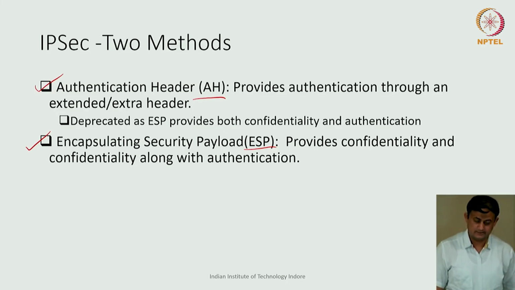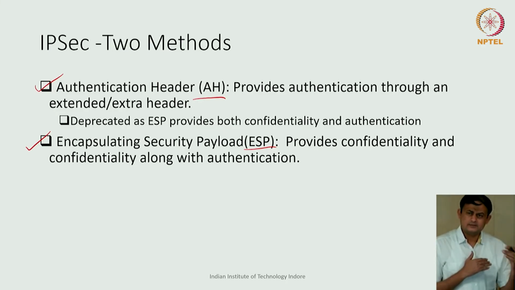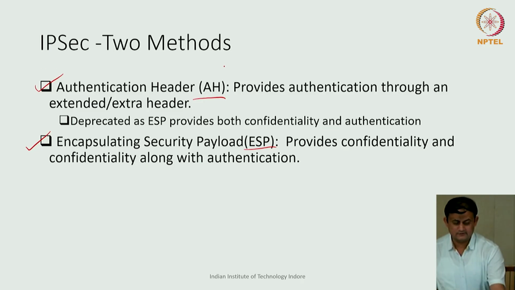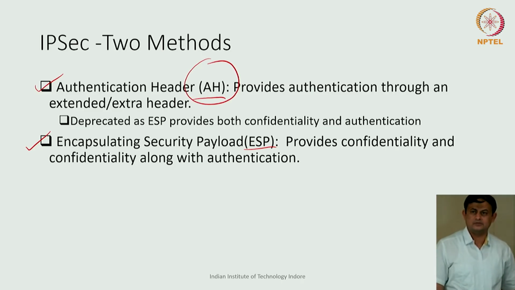If you use the second method, you get confidentiality, integrity and also authentication of the packet. Since ESP provides authentication along with confidentiality, the authentication-only feature is rarely used in practice. It is deprecated. Although technically it is possible, in practice it is not used.